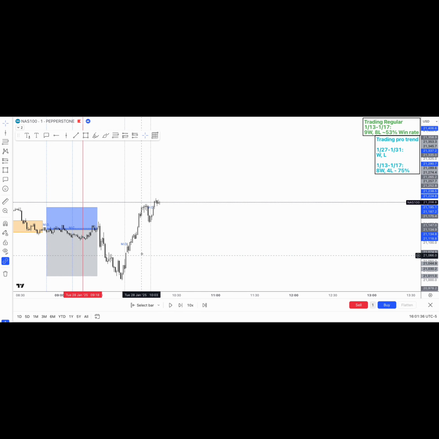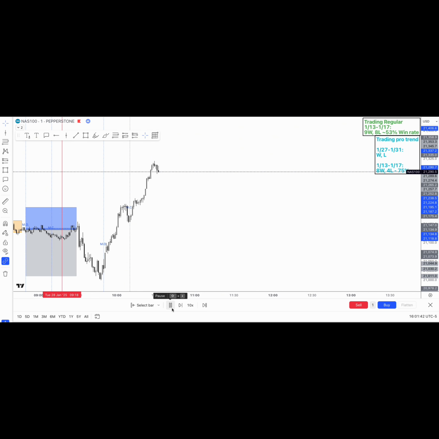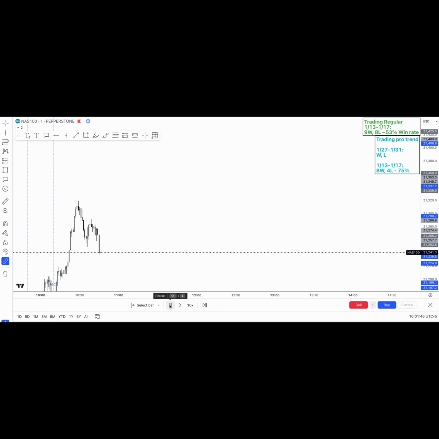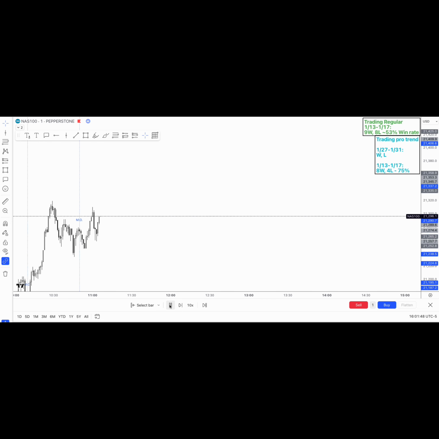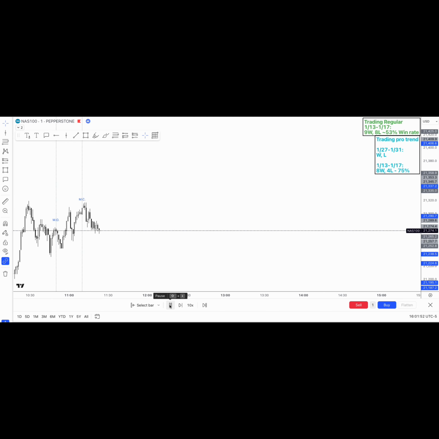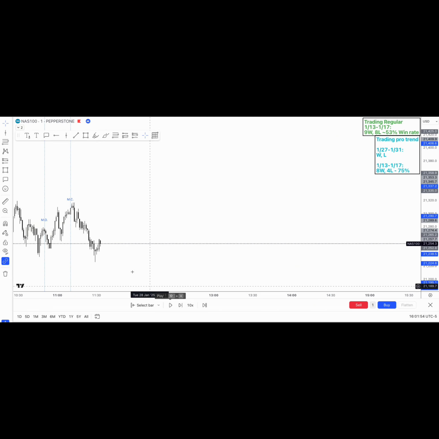So then we go to the next time frame, and I'm not seeing a setup there. So no harm, no foul there, and just go into the next setup. Same potential entry here.